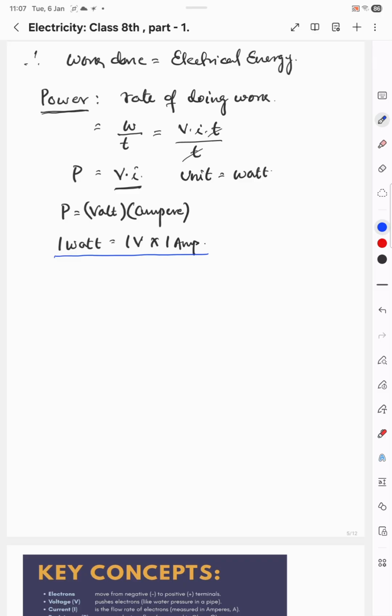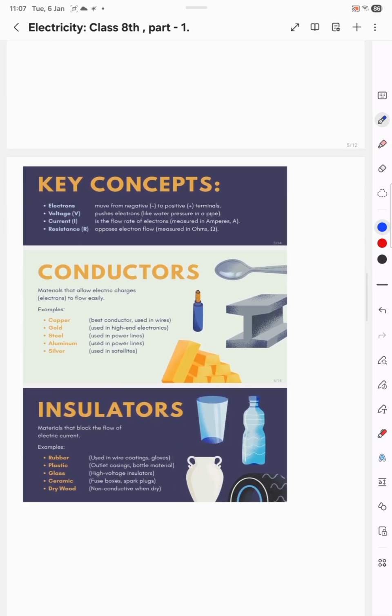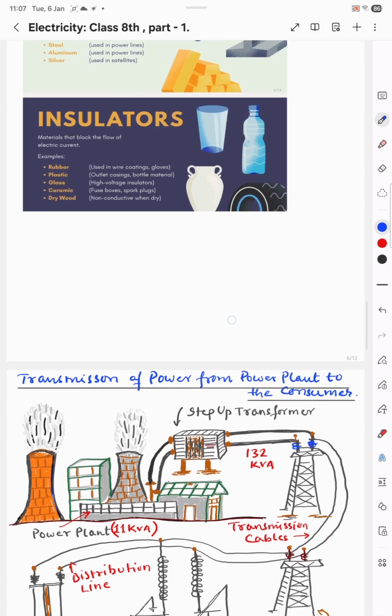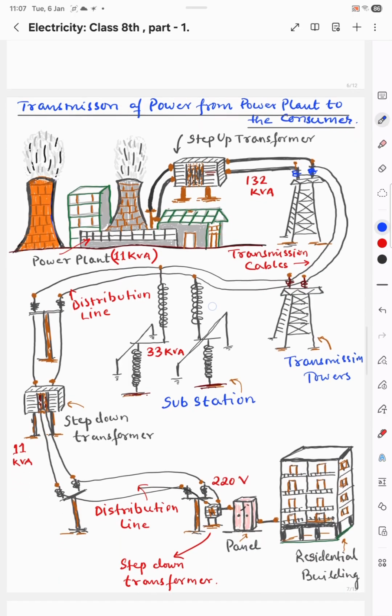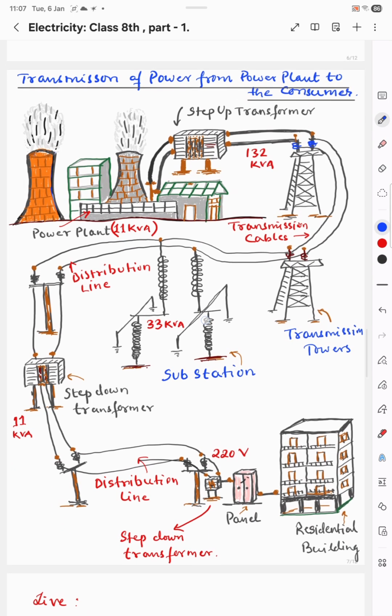Let's see how the power from the power generating stations is sent to the customers or the consumers. Basically, the power stations which generate power are situated in remote areas quite far away from the cities.